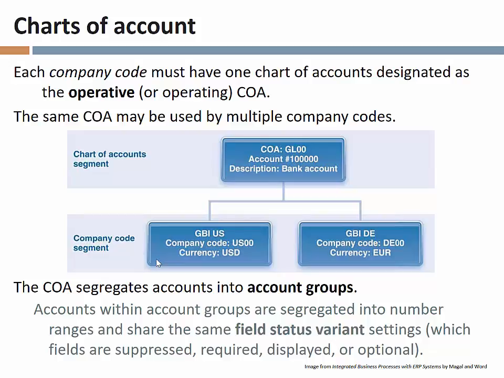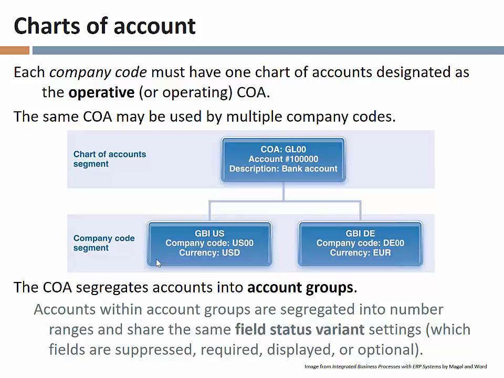We have our chart of accounts, which we can break up into various account groups, and then for those account groups, we can set up these field status variants. This saves us a lot of time. This keeps us from having to go account by account by account and set these things up.